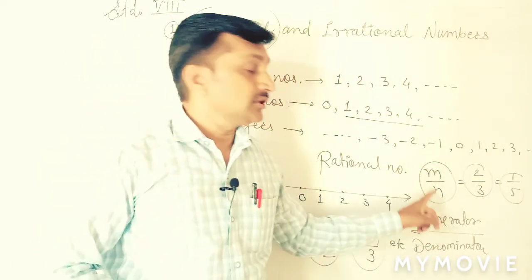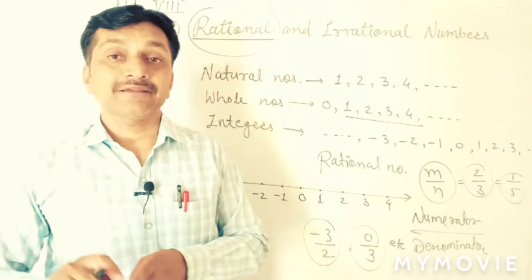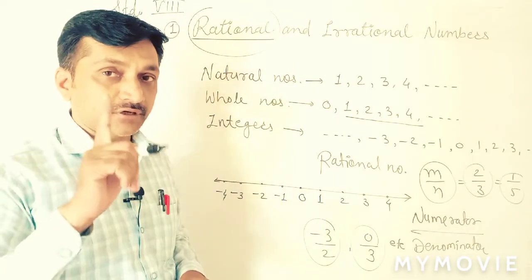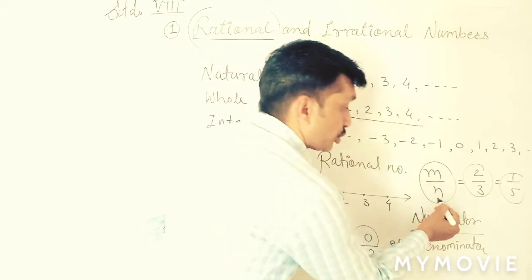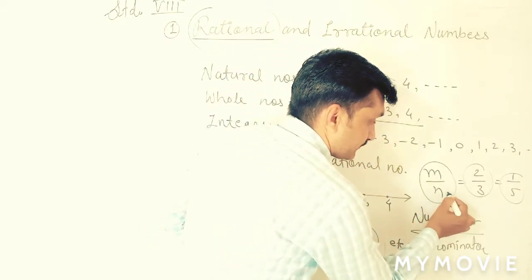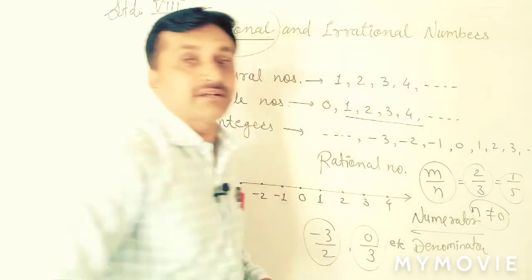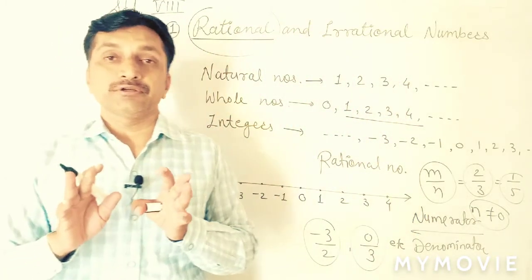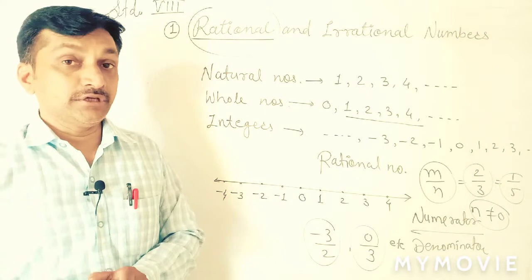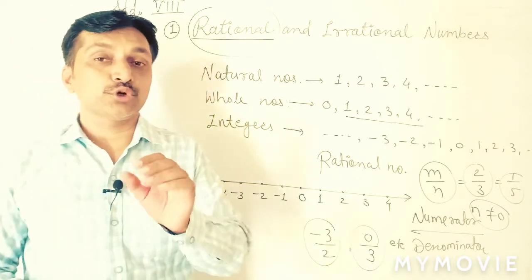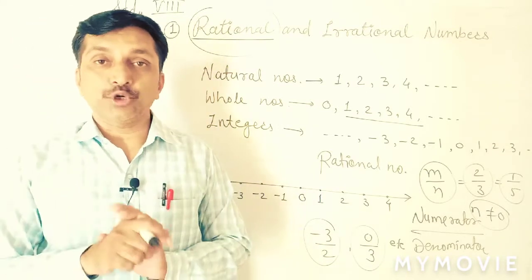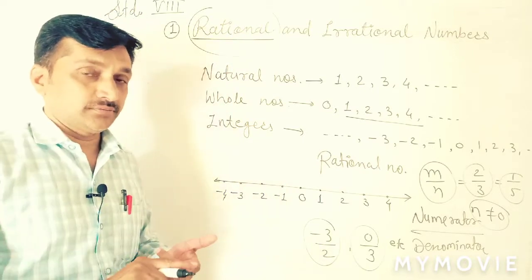What are m and n? M and n are integers, but there is only one condition: there should not be 0 here. N does not equal 0. Only that one condition you have to see. In the denominator, 0 should not come. You cannot write 0 in the denominator.